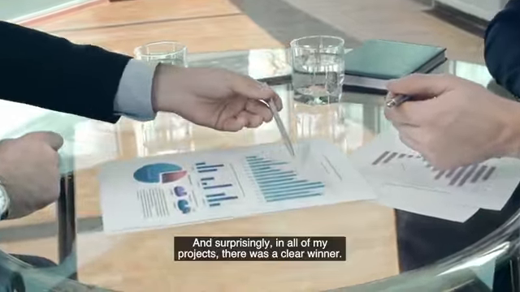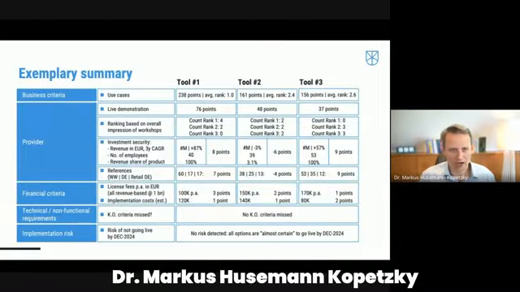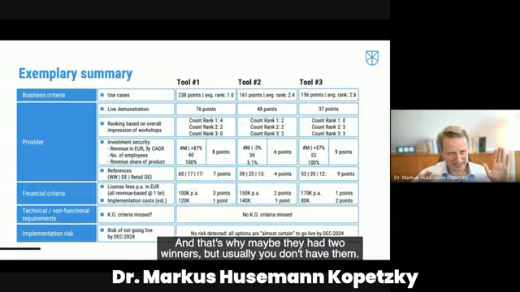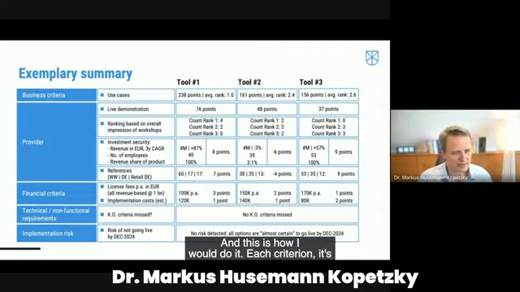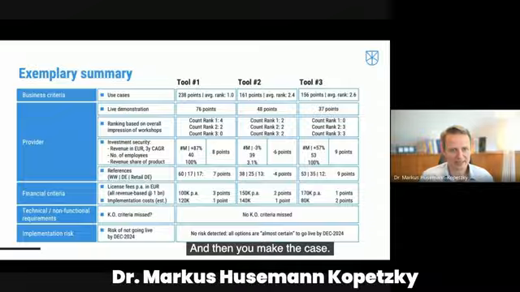And surprisingly, in all of my projects there was a clear winner. Although you could assume, okay, this is functionally better but costs more, and maybe there are 2 winners, usually you don't have them. This is how I would do it. For each criterion, show the evaluation, and everything actually fits on one slide. And then you make the case.